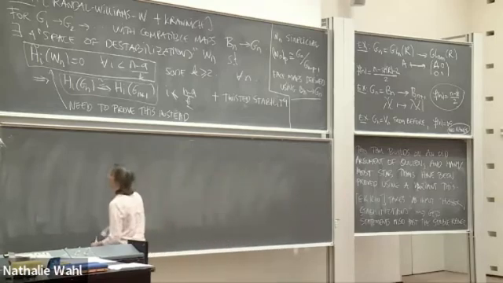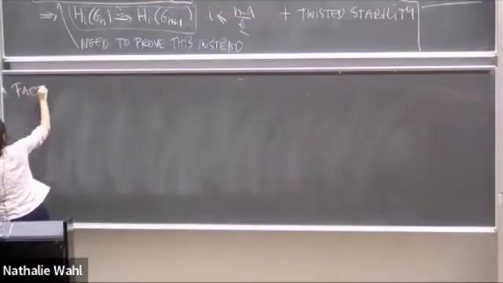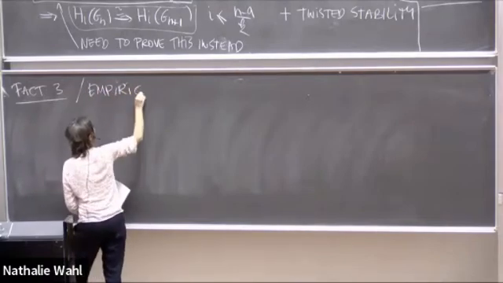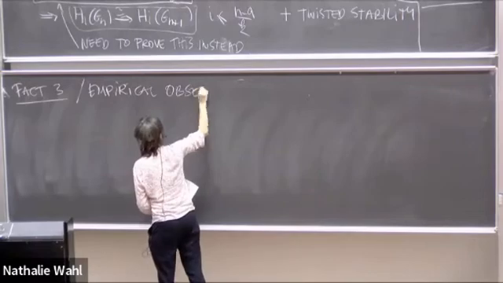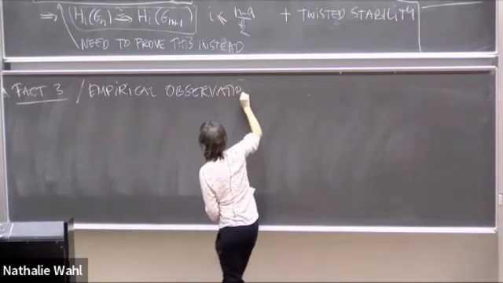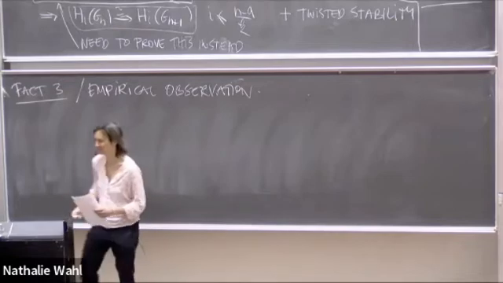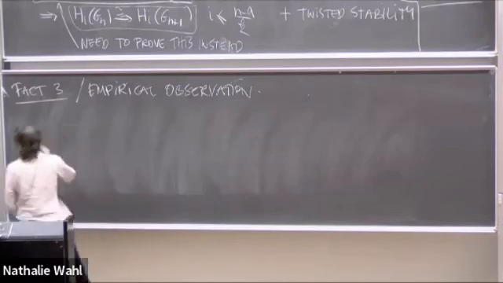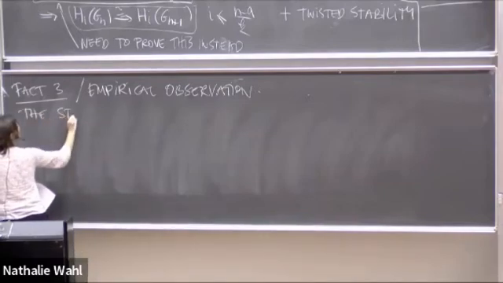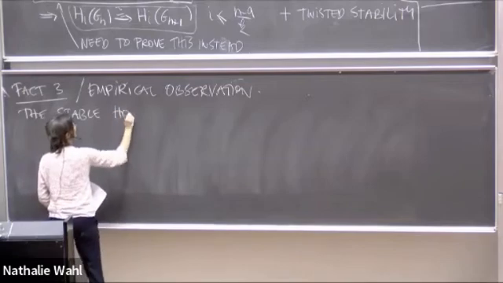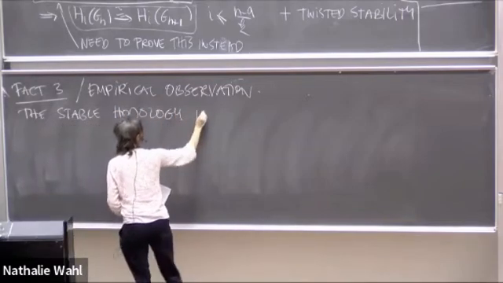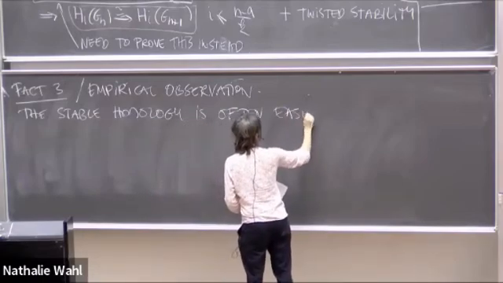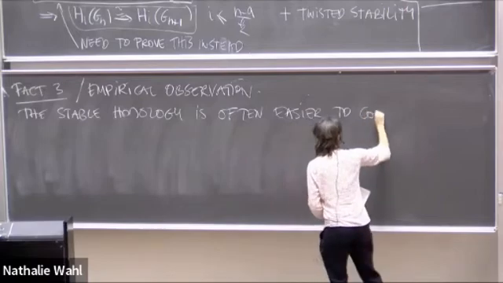So here's my fact number 3, which is maybe more an empirical observation by now, and it says the following. So the stable homology is often easier to compute.